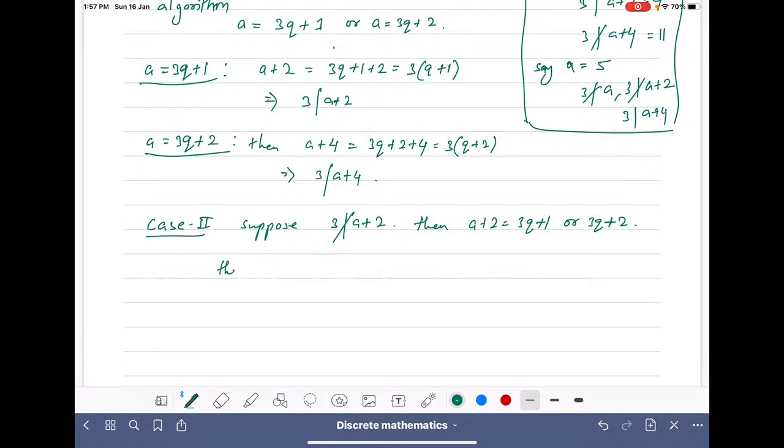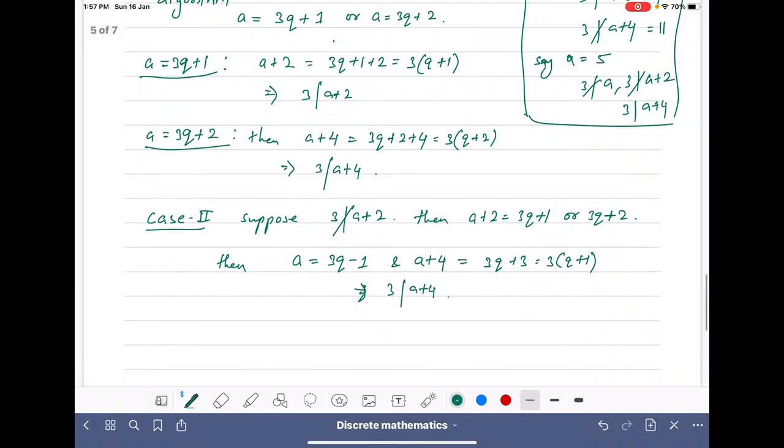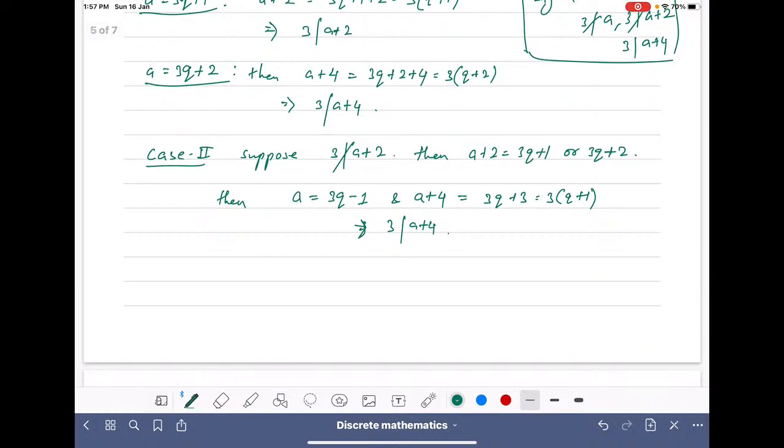Then a becomes 3q minus 1, and a plus 4 becomes 3q plus 3, which is 3 times (q plus 1). So 3 divides a plus 4, or a plus 4 becomes divisible by 3, and a is not divisible by 3. This is case 2, when a plus 2 equals 3q plus 1.